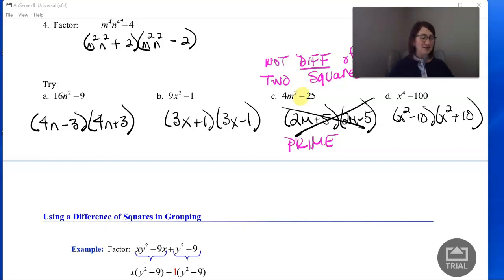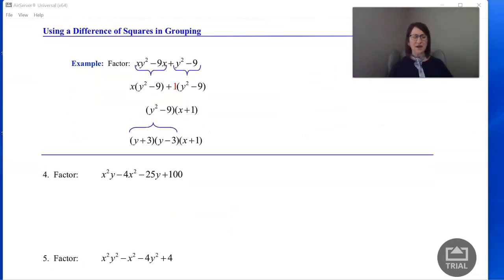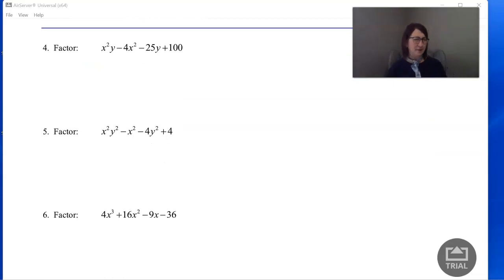So now let's go ahead and look at how the difference of squares can be used with grouping. We've got our example there, and I can let you go through that example. I'm just going to kind of dive into problem number 4. You can use that example for reference. So with problem number 4, first thing that I see is that I have here 1, 2, 3, 4 terms.